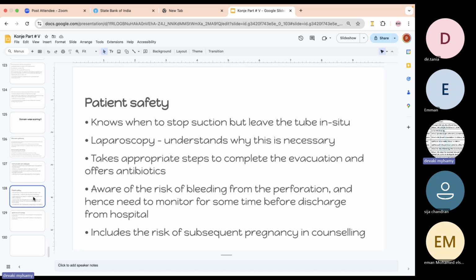Antibiotics were missed by you, Tania. I have said, ma'am. Okay. Be aware of the risk of bleeding from the perforation, hence the need to monitor for some time before discharge from hospital. Include the risk in subsequent pregnancy in counseling.